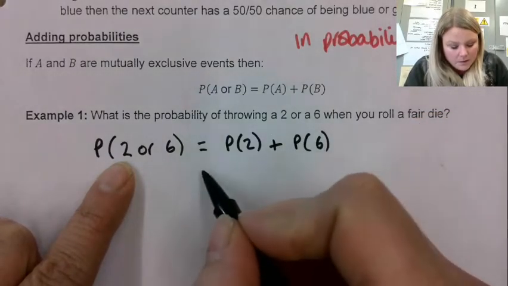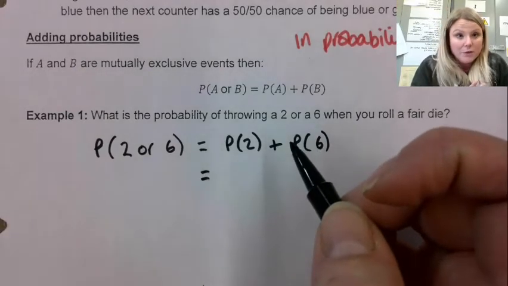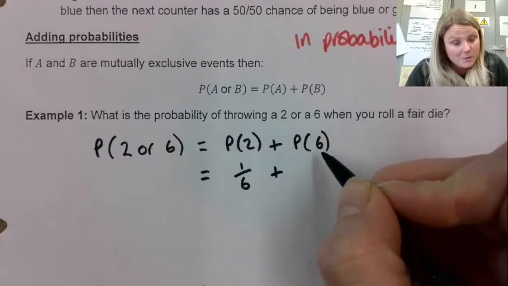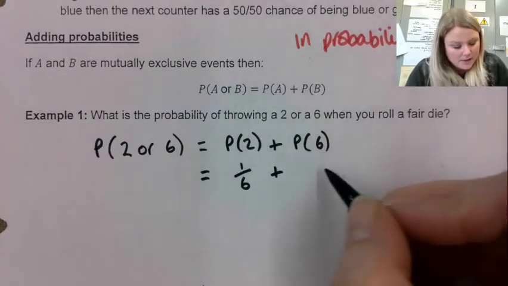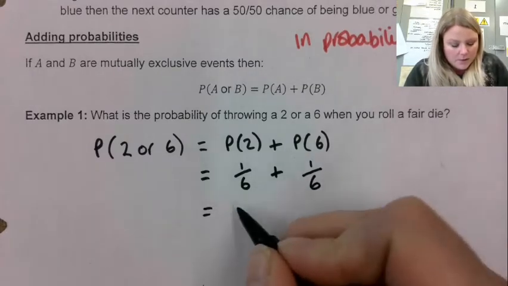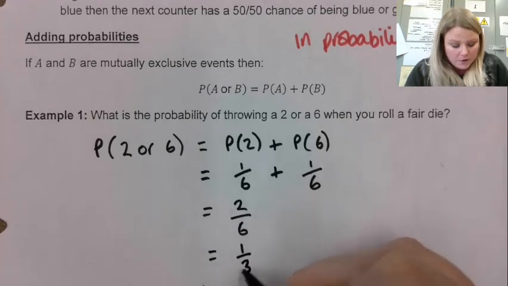The probability of getting a 2 when you roll a dice: there's only one 2 on it and there's 6 options, so it's 1/6. The probability of getting a 6 is again 1/6. If we add those together, we get 2/6, and we would always simplify to a third.